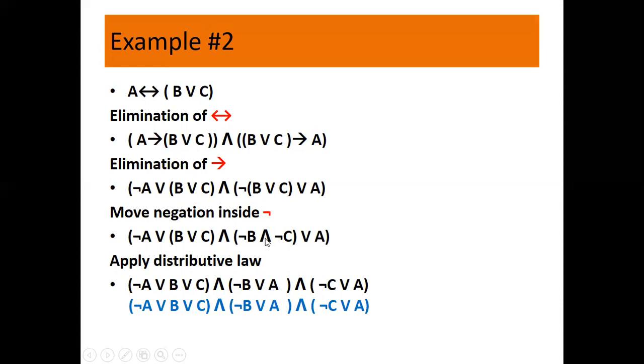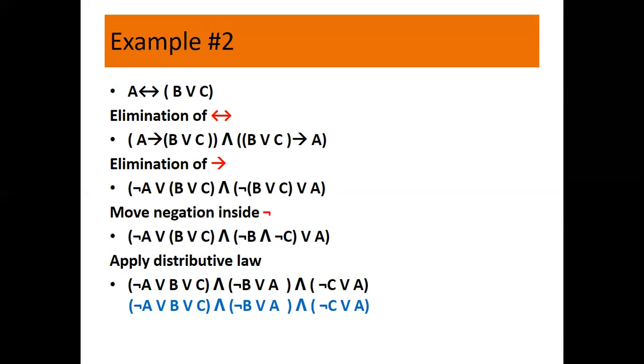Or operator will become and operator. So here this remains the same. When you move the negation inside, it is negation of B and negation of C. Is it clear? Moving negation inside. So negation of B, or became and, negation of C, or A. This remains as it is.